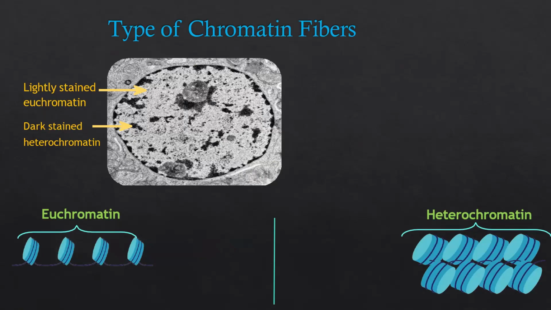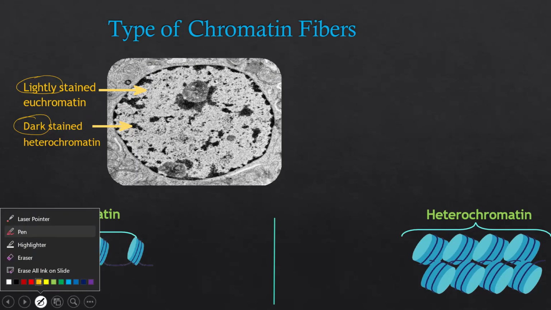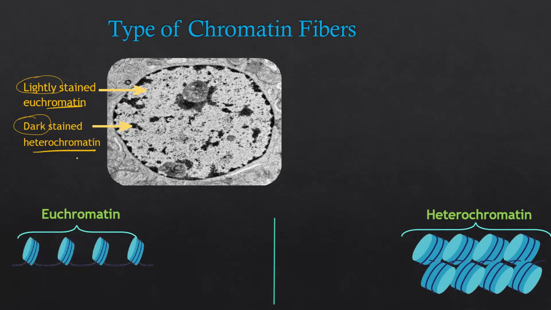And see here, when you observe these chromatin fibers under the microscope, they will give two color strands. One is lightly stained, the other one is dark stained. You can see here, the blackness is the dark stain, and there is a light color, that's euchromatin. Remember the word euchromatin for the light stain and heterochromatin for the dark stain. In this euchromatin, there are 4 nucleosomes. In this heterochromatin, within the same area, there are 8 nucleosomes.